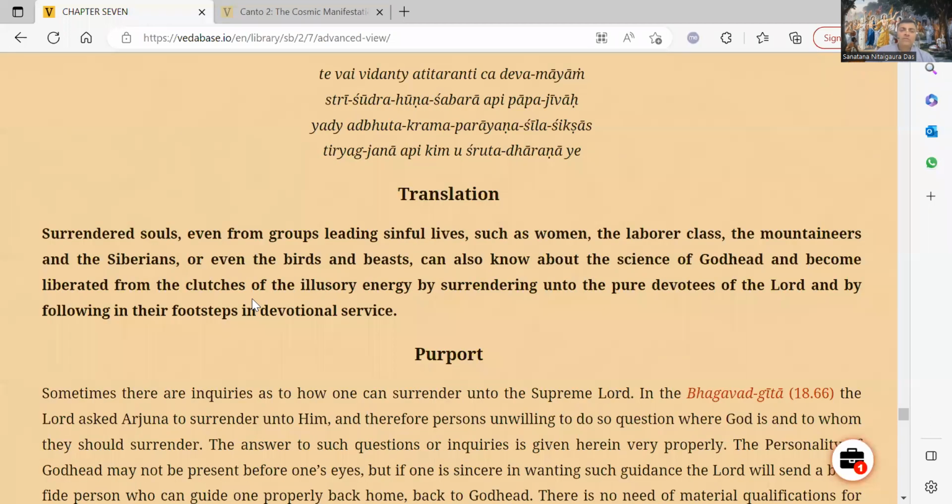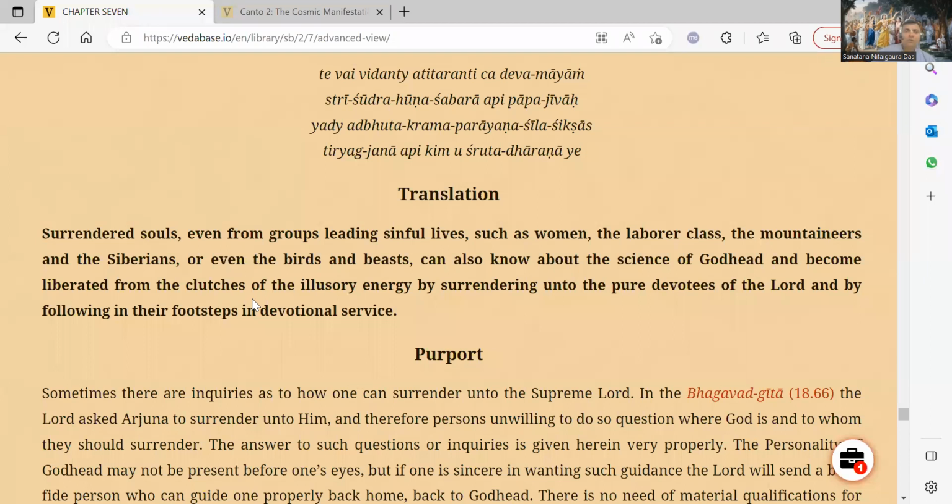Surrendered souls, even from groups leading sinful lives, such as women, the labor class, the mountaineers and the Siberians, or even the birds and the beasts, can also know about the science of Godhead and become liberated from the clutches of the illusory energy by surrendering unto the pure devotees of the Lord, by following in their footsteps in devotional service.